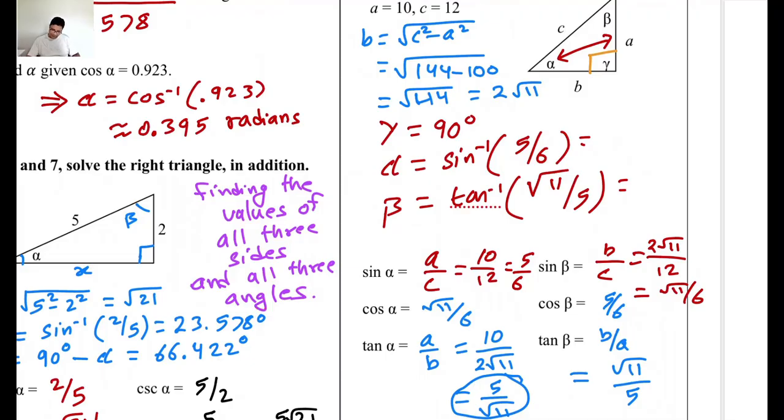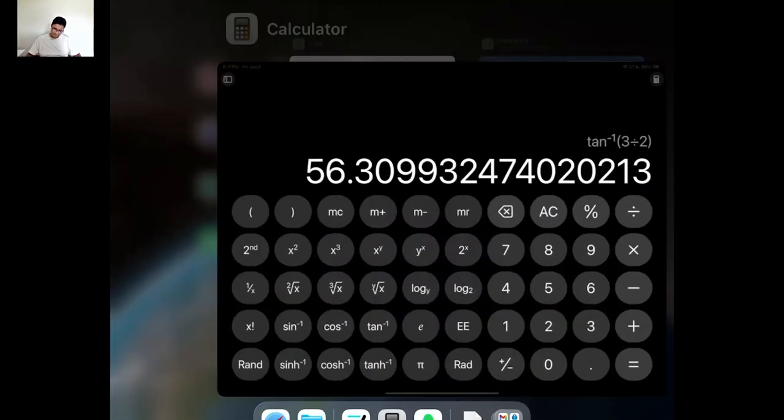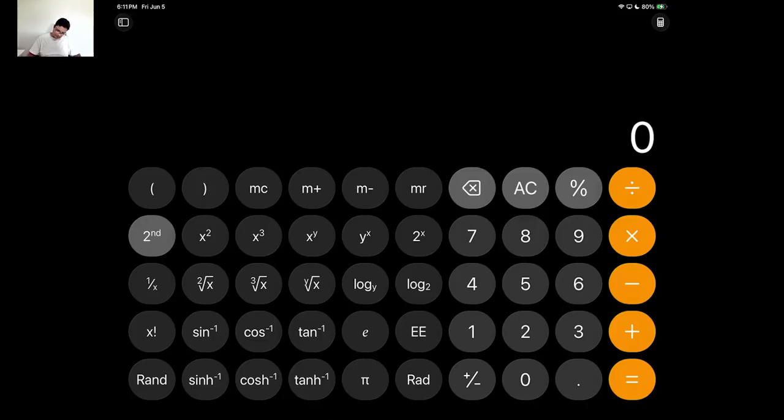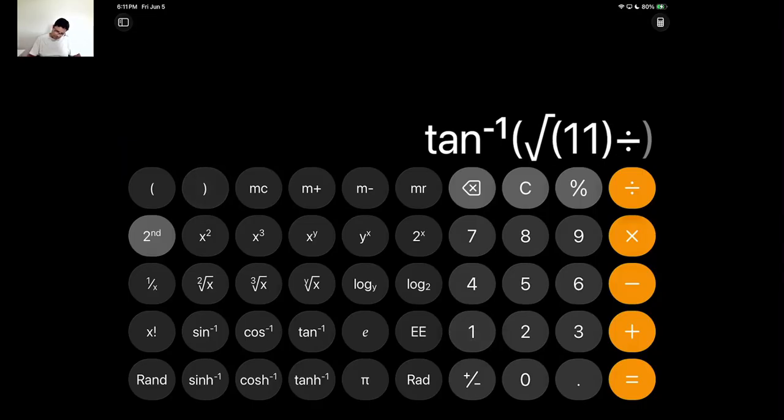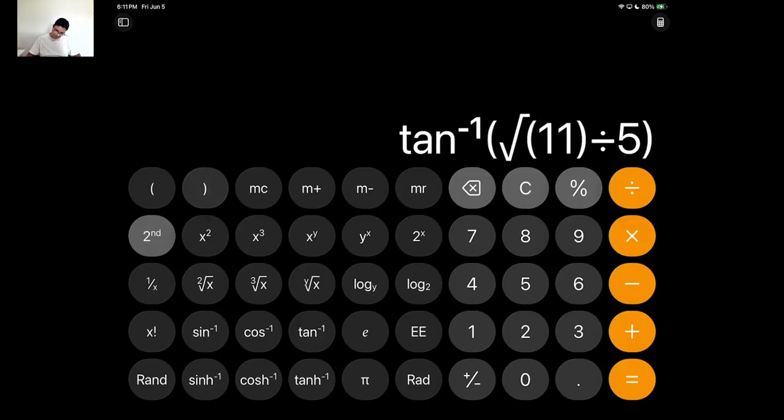Okay, and these are going to be approximate values. So let's use the approximate. We'll do that on a calculator. Sine inverse 5 over 6, tan inverse under root 11 over 5. Okay, tan inverse square root 11 divided by 5.